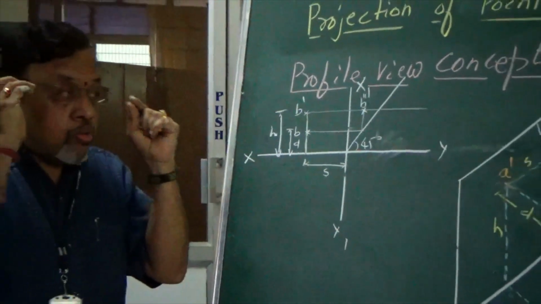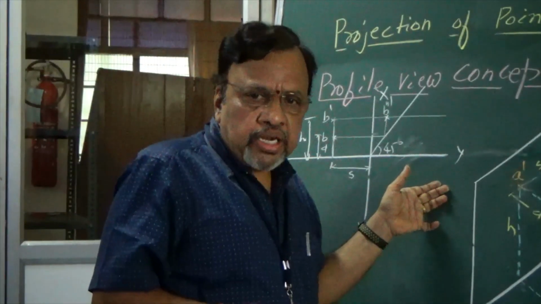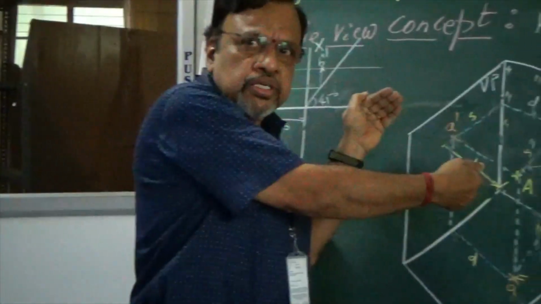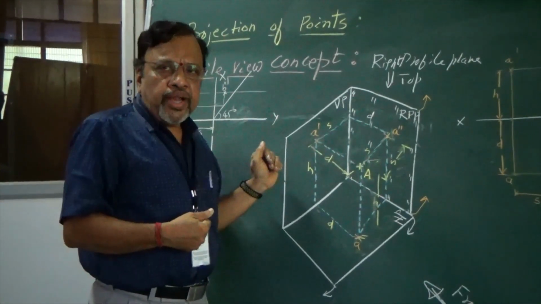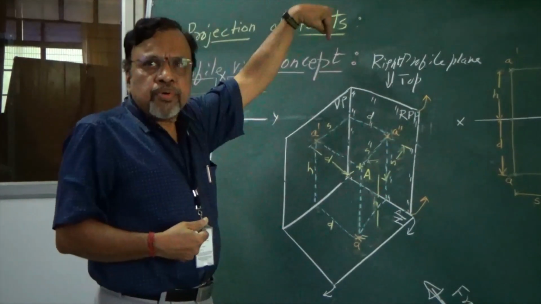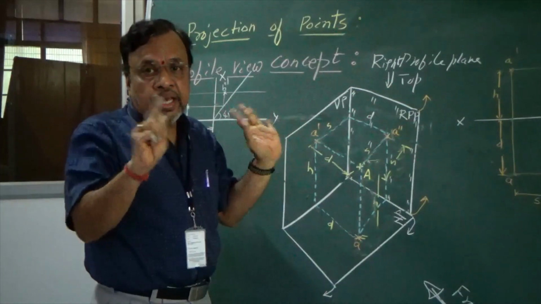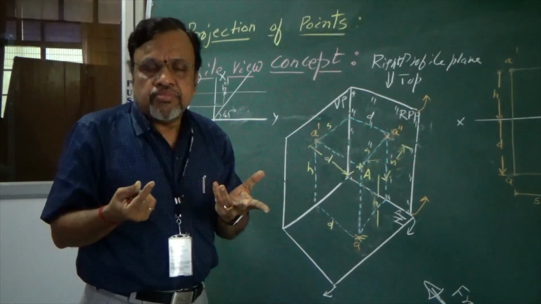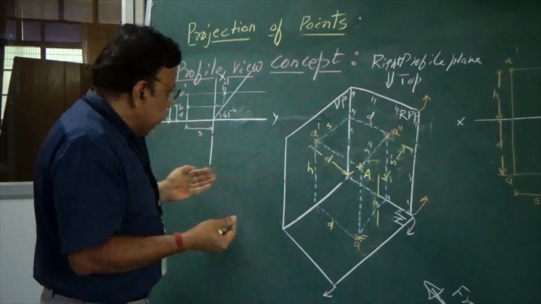But especially if the point is in the second quadrant, I told you that in the second quadrant problem, if I look from the front, the plane will be in between. Whereas if I look from the top, the observer will be in between. So obviously, here I cannot say whether it is a right side view or a left side view, because the observer can view from either side.